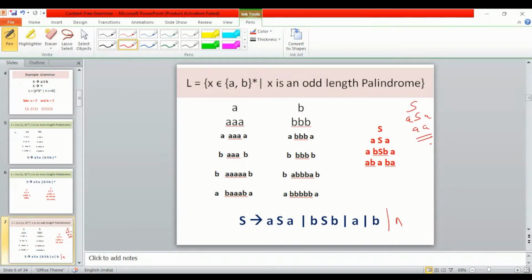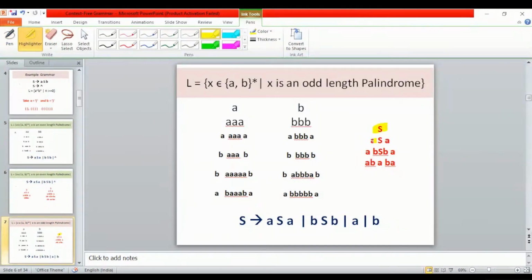So here my requirement is we want to generate only odd length palindromes. So if we remove null from this rule, then and only then it will allow me to generate only odd length palindromes. Because at last you have to replace S with either A or you have to replace S with B. So as you can see some derivations here.